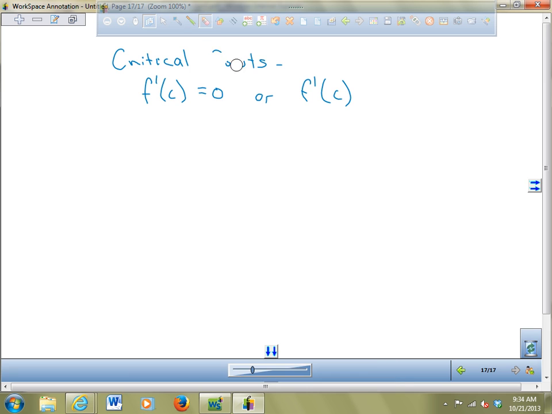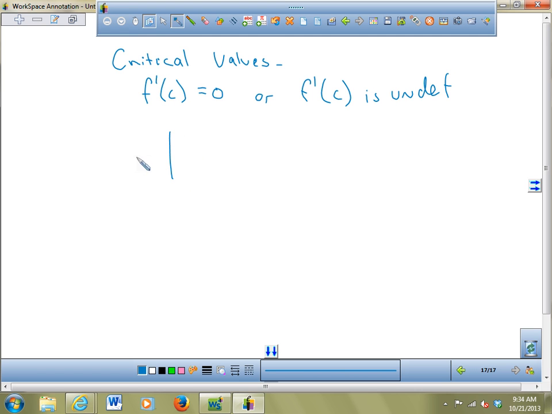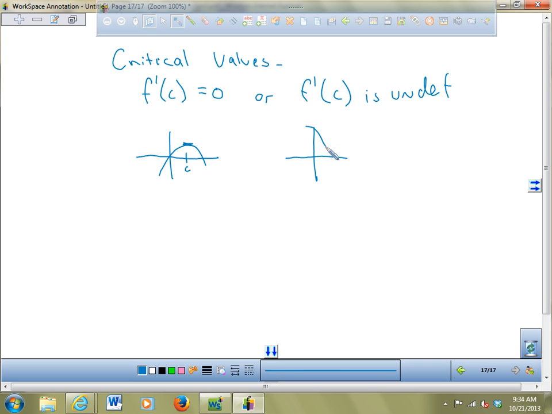I should call them critical values, not critical points. So there are several types of critical values you could have. If this is c, you would have a relative maximum, okay? But you could also have things like cusps, where the derivative is undefined at c.